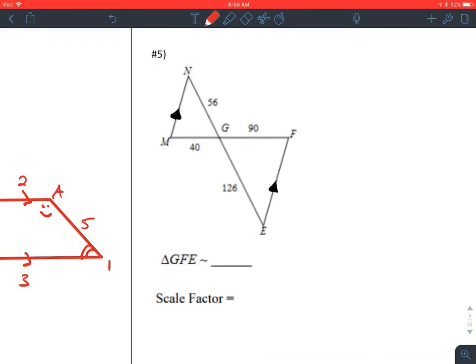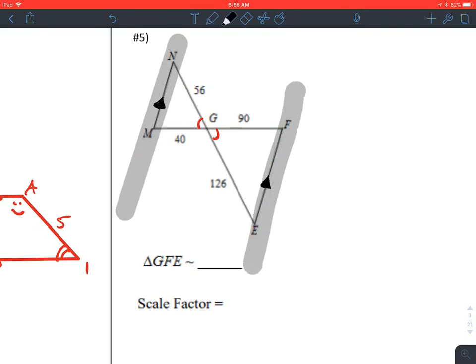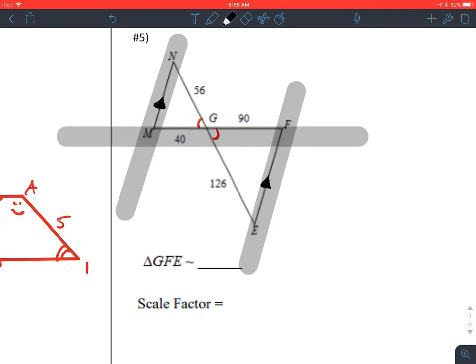Number 5, same directions. We know they're similar, we've got to determine how they're similar. We have vertical angles right here. We have two parallel lines denoted by those little triangle looking things. If you take a transversal like so, that makes this angle M and this angle F alternate interior angles.